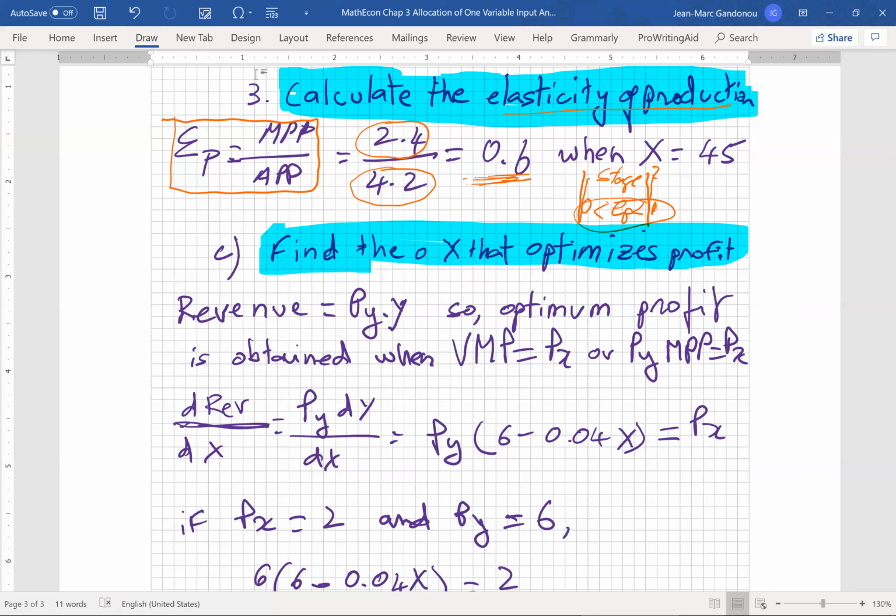We know what profit is: revenue minus cost. But right here, we do not have information about cost.